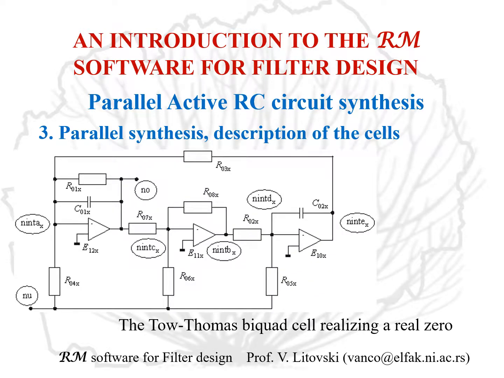As mentioned, two second-order cells are used, high Q and low Q Tau-Thomas biquad cells, which are realizing a real zero, since, as we could see in the previous slide, the numerator of the biquad cell is first order with a real zero, which may belong to the left or the right-hand side of the complex frequency plane, which is possible to realize with this type.